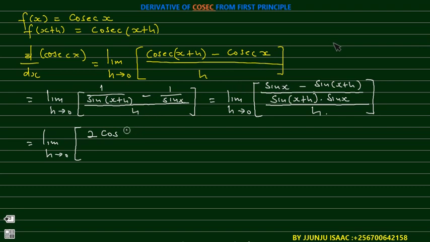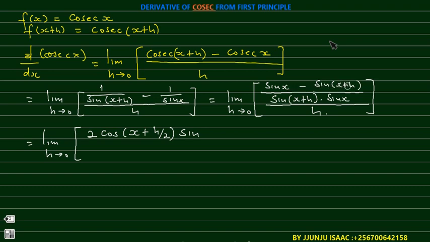Then sine, I'm going to subtract. When I subtract, I'll get x minus x plus h.